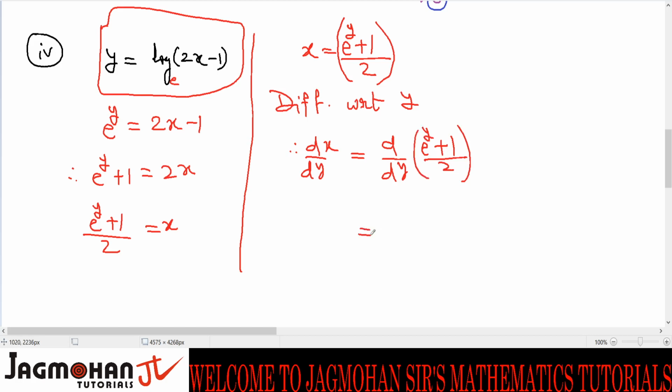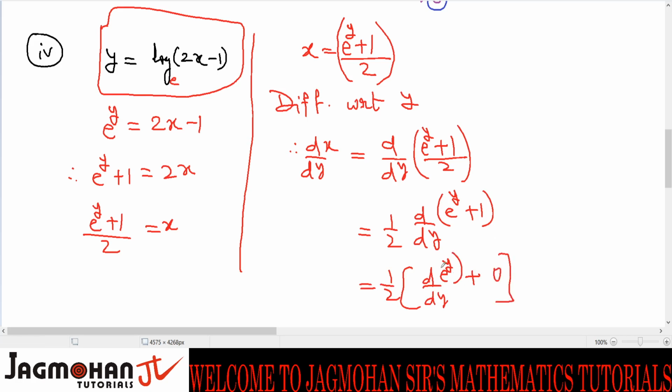Now this 1 upon 2 is a constant, so it comes out. I will get 1 upon 2 d by dy of e raised to y, plus d by dy of 1, which is 0. The next step: d by dy of e raised to y.